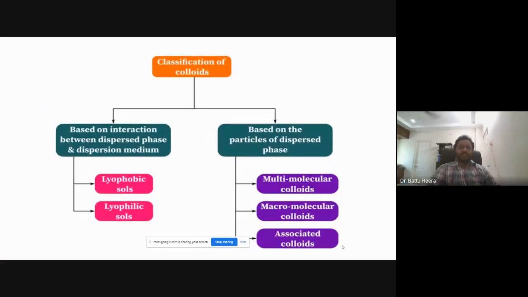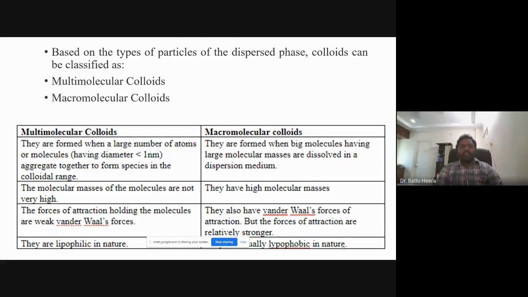So coming to the classification of colloids, you have seen macro, multi and associated, lyophobic and lyophilic, based on the dispersed phase and dispersion medium. Now coming to the clear concept. Based on the types of particles of the dispersed phase, colloids can be classified into multimolecular colloids and macromolecular colloids. See this.